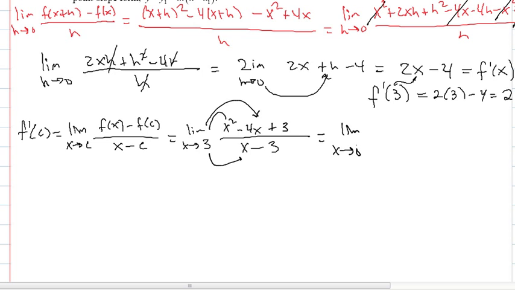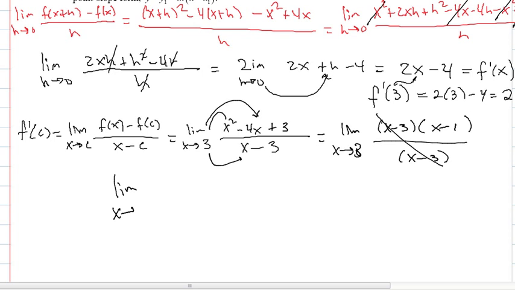Factoring the numerator, x squared minus 4x plus 3, I need two numbers that multiply to 3 and add to negative 4. I'm thinking it's x minus 3 times x minus 1. Cancel the common factors. Now we have the limit as x approaches 3 of x minus 1.